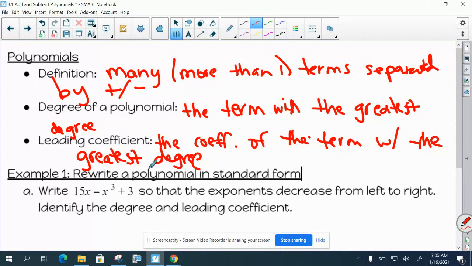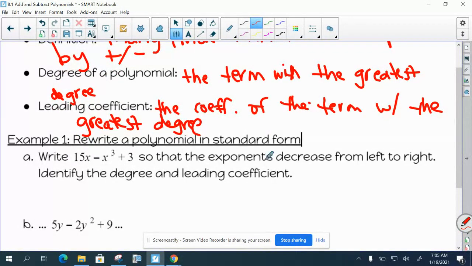And so when you write a polynomial in standard form, you want to write it from highest power to lowest power, or highest degree to lowest degree. So if we have 15x minus x to the third plus 3, write it in standard form and then identify the degree and leading coefficient. So the negative x to the third has the highest exponent, so that would come first. And then we would have the 15x, and then we would have the plus 3.